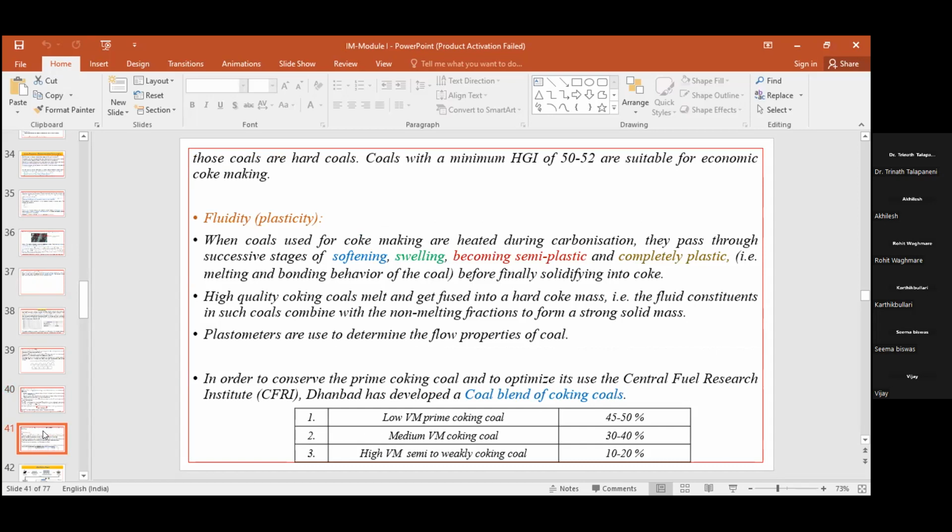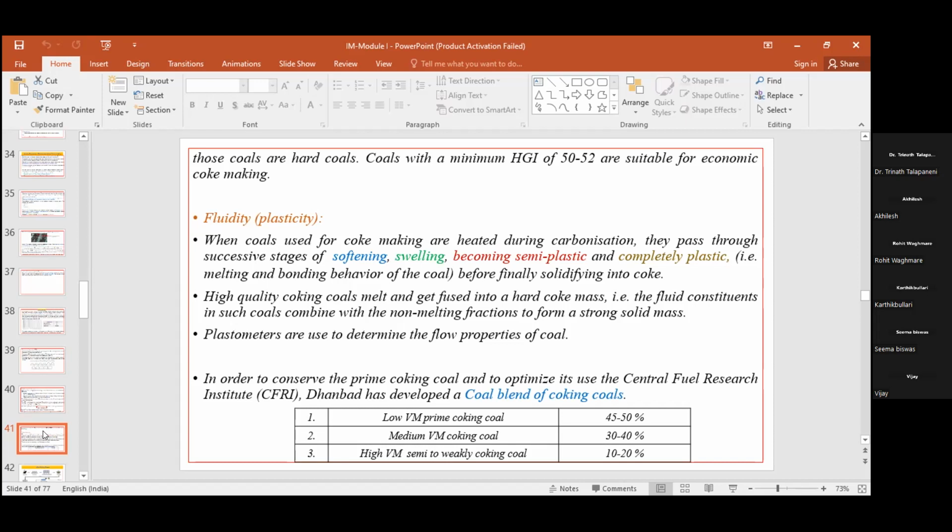And apart from these three, we also test the fluidity of the coals, because as I said, not all coals can undergo some physical changes. Physical changes means they have to undergo softening, then swelling, then semi-plastic and completely plastic. So this is the transformation which happens inside the coke ovens when you subject the coal to the coke making process.